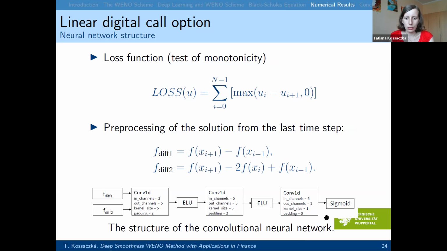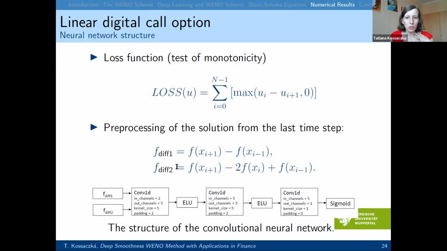We use a rather small neural network just to be computationally efficient. So there are these two input layers, then one more hidden layer, and then the output layer, and in between are some activation functions. As I said, I use differentiable activation functions, which also guarantees us the convergence.